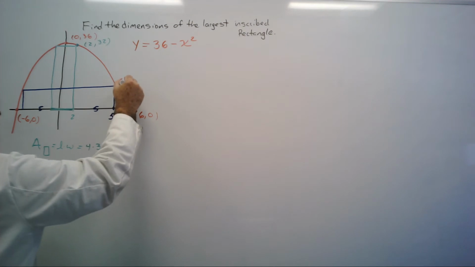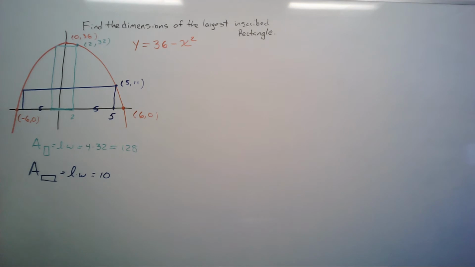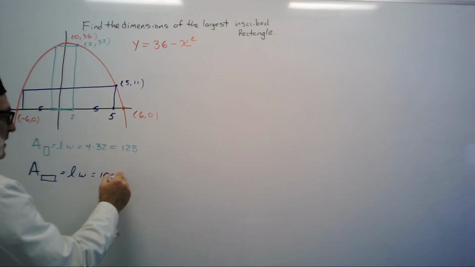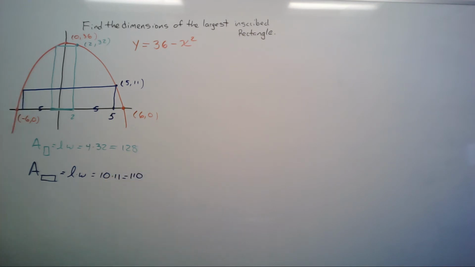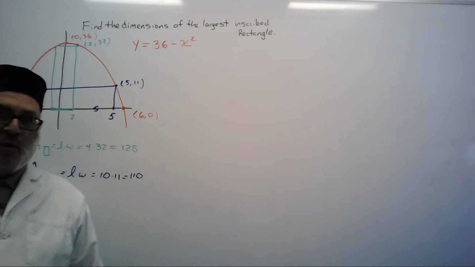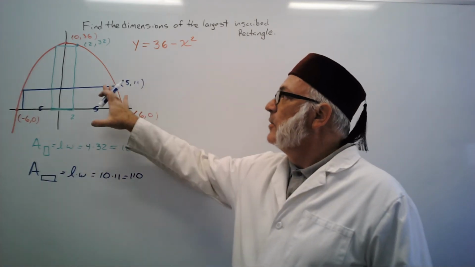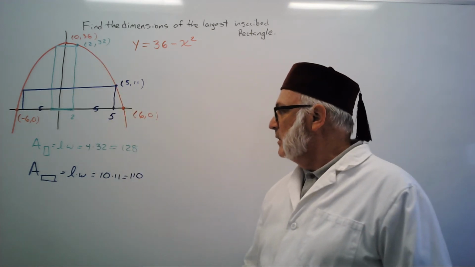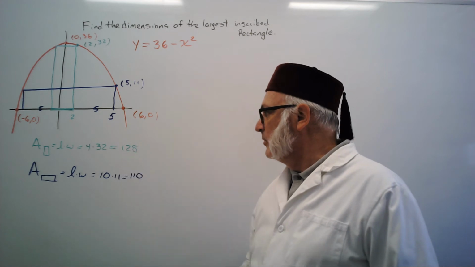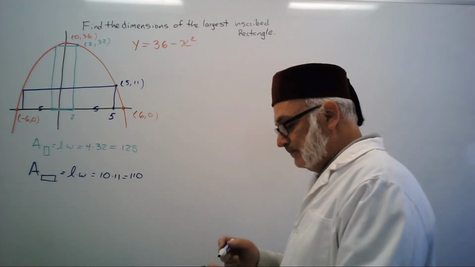This point would be at (5, 11), and the area of the rectangle would be 10 times 11, or 110. The whole point of this problem is to find the rectangle which has the largest area. Hopefully it'll be more than 128, and it'll be less than 110.